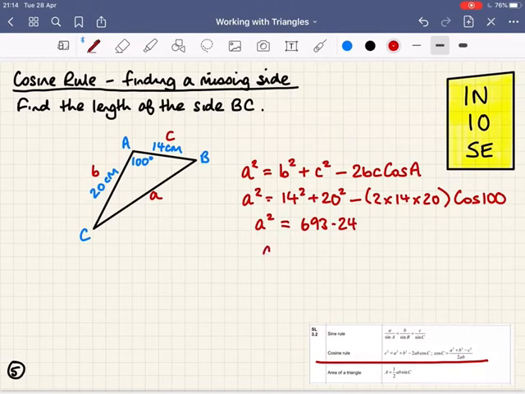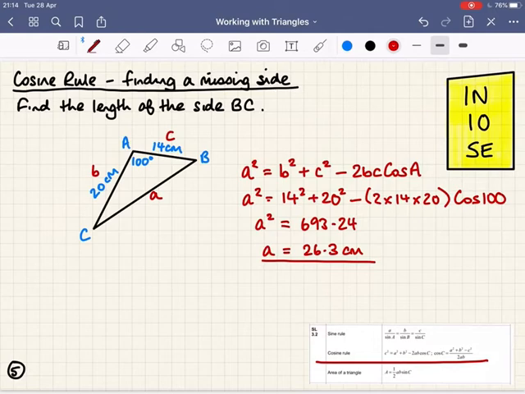And then remember to take the square root. Now, I'm just going to reiterate that because I've seen the mistake made so many times that people leave the value for A squared. But of course, we need to square root it to find the value of the length. And you can sense check that against the triangle you've drawn. Clearly, the length A is not 693 centimetres. It's the square root of that, which is 26.3, which seems to fit a lot better.